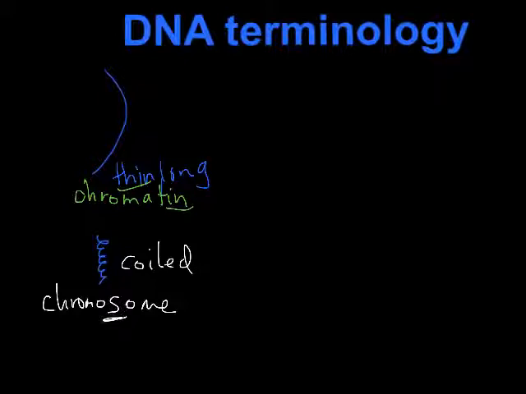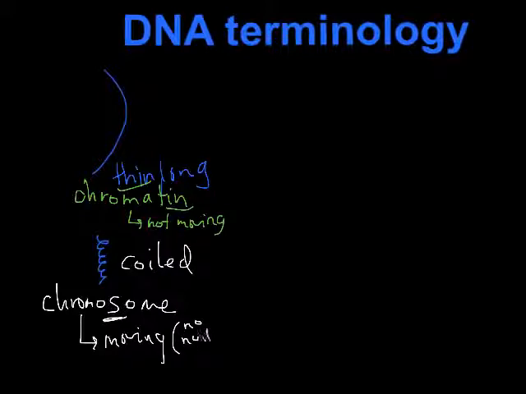Just like that, our DNA is less likely to get damaged when it condenses down and gets coiled up when it's moving. So our DNA will be in chromosome form when it's moving. When it's not moving, it will be in chromatin form. Well, in order for DNA to be able to move, there has to be no nucleus.